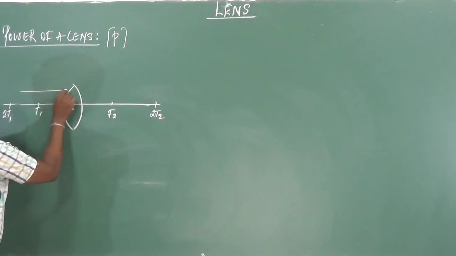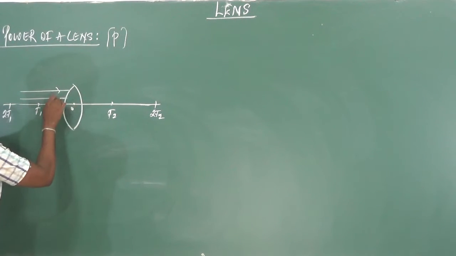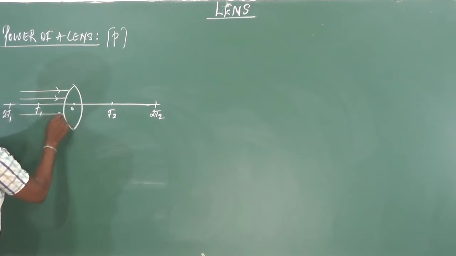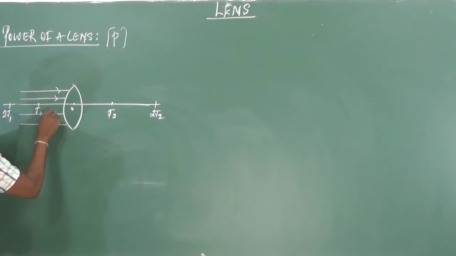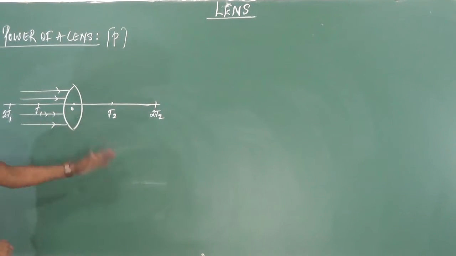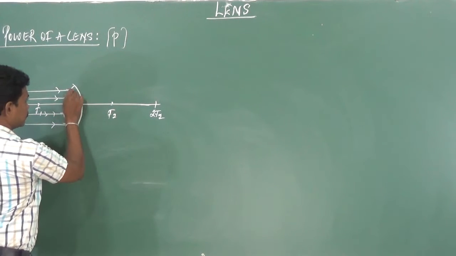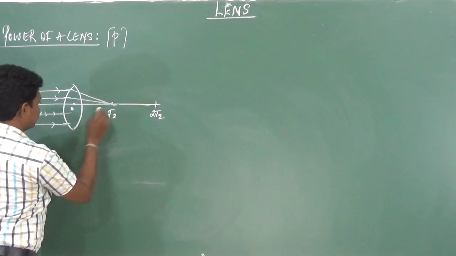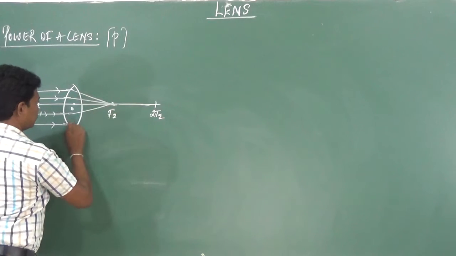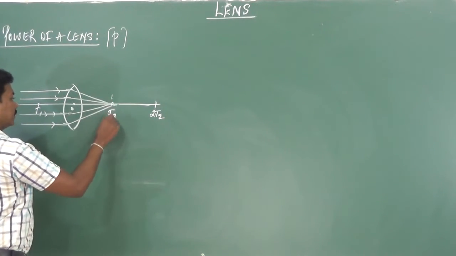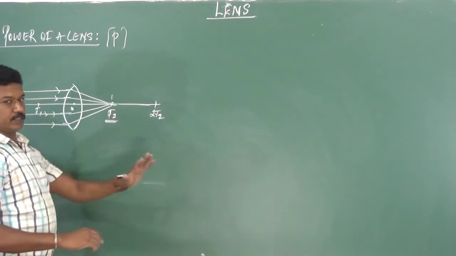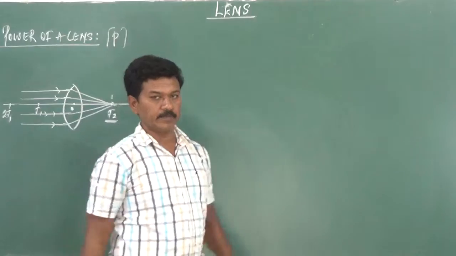The light rays which are falling on this lens parallel to the principal axis are going to converge at a point on the principal axis after refraction. We know this is how it happens. This is the principal focus, that is F2. We have learned all these things in the previous class.